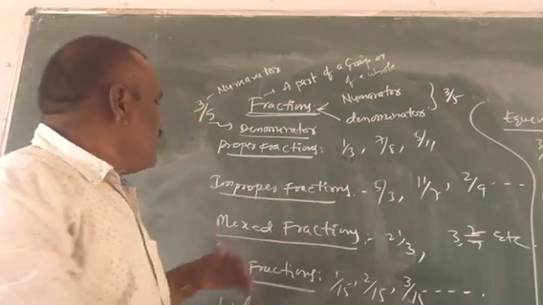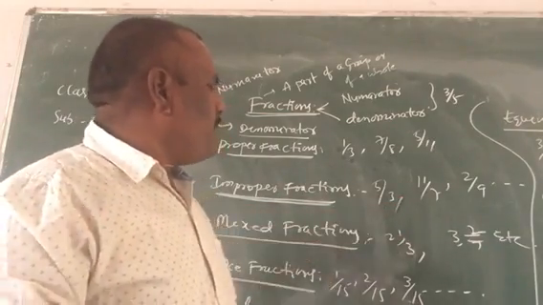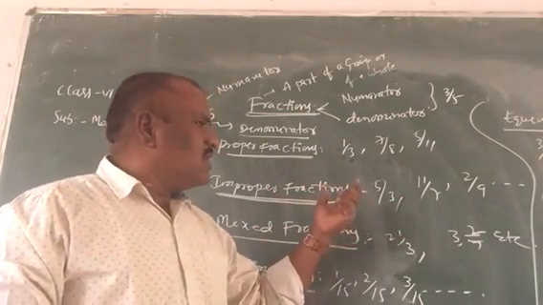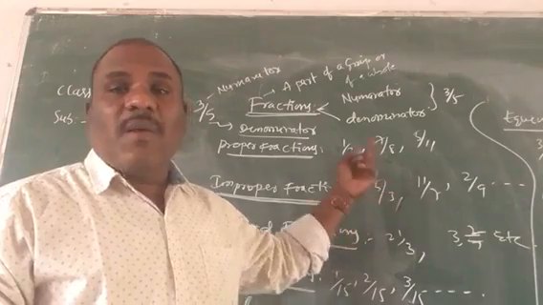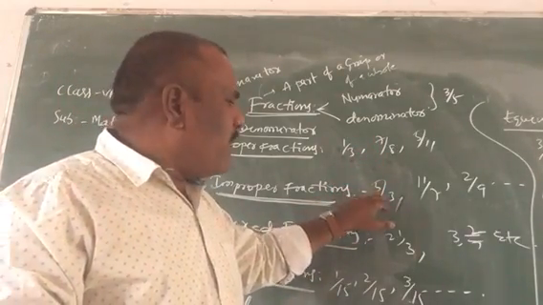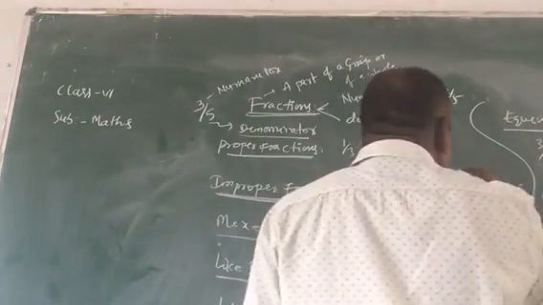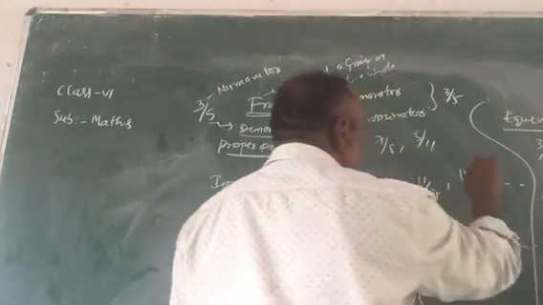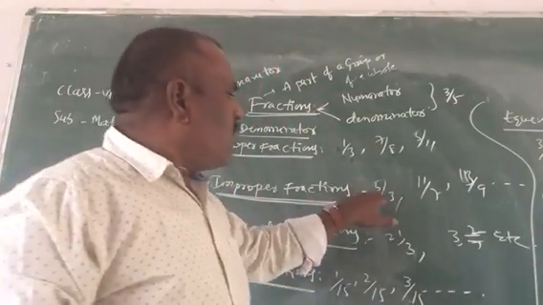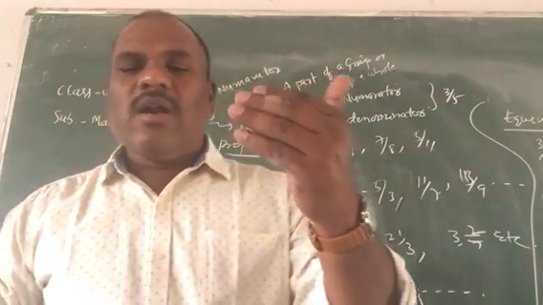And next, the second one, improper fractions. Improper fractions, children, observe here. In improper fractions, the numerator is greater than the denominator. That is 5 by 3, 11 by 7, and of course, you can state 13 by 9, etc. In all the cases, the numerator is greater than the denominator.